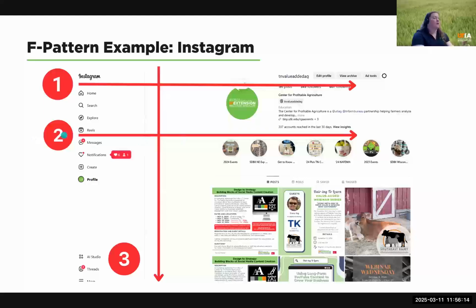And there's another layer here of information or things to look at. So we'd make another sweep across left to right. And then finally, when we get ready to scroll, we would move from top to bottom in this third tracking here. So that would make our F shape. That's just maybe another example.